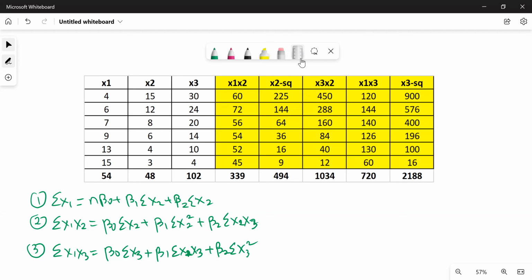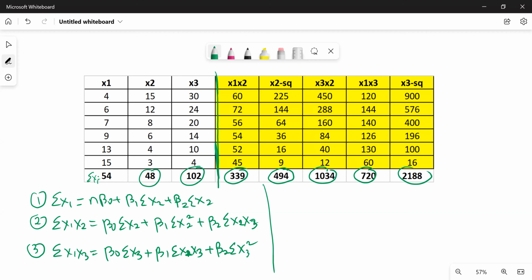Once you are given the data and you have come up with a table like this, and you already have the normal equations, you plug in the values. So the normal equations that we need to solve are as follows. Summation of x1, which is here, these are the summation values down here, summing the values in that column.